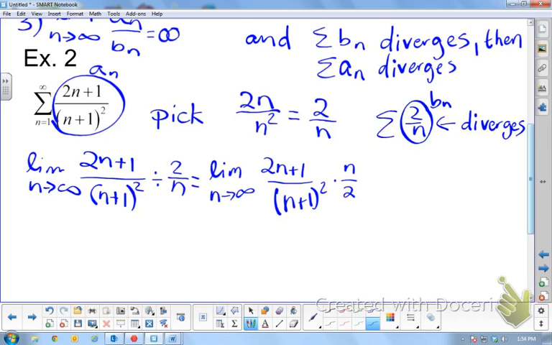Now I can distribute that n in the top, in the numerator, to the 2n plus 1. We have limit as n approaches infinity, 2n squared plus 1n over 2 times n plus 1 squared. How am I going to find the limit of something like that?